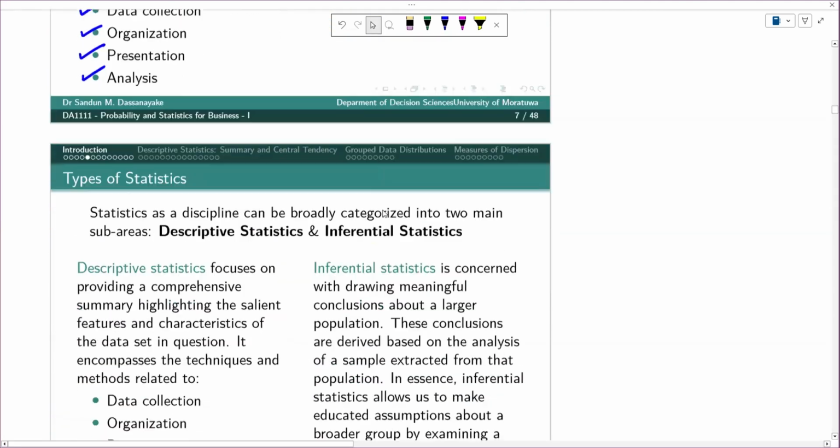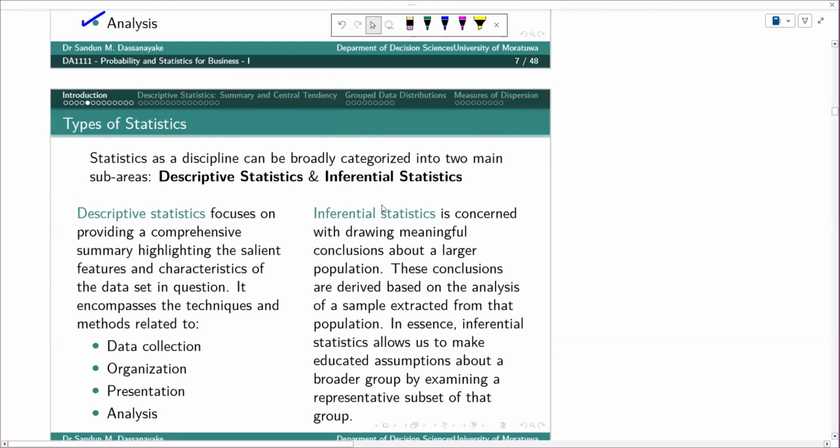Now, let's look at the difference between descriptive statistics and inferential statistics. Where descriptive statistics is mainly concerned about the sample, inferential statistics is concerned with drawing meaningful conclusions about a larger population.